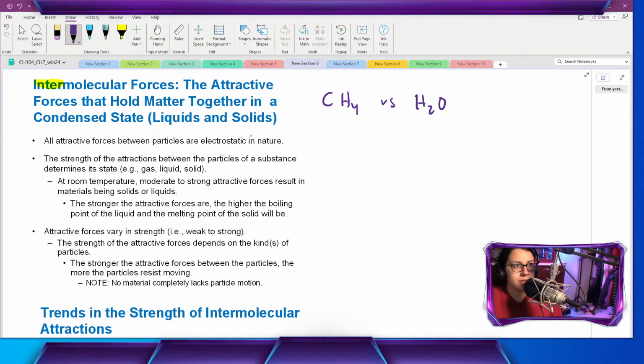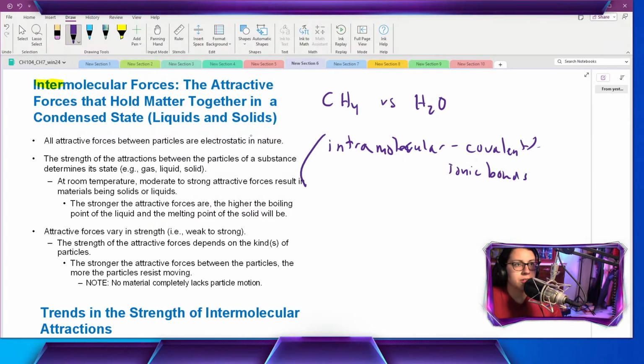And so let's compare this to intramolecular forces. So an intramolecular force is like the covalent bonds, the ionic bonds. And this is not what we're talking about. And so notice intramolecular is within the molecule. All right, so let's go back to looking at these intermolecular forces.